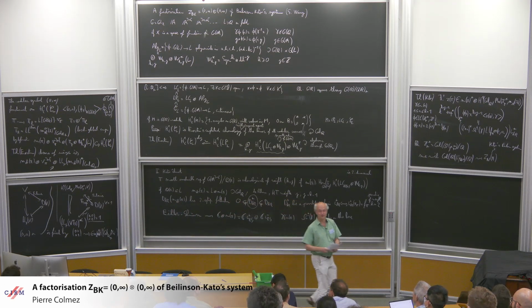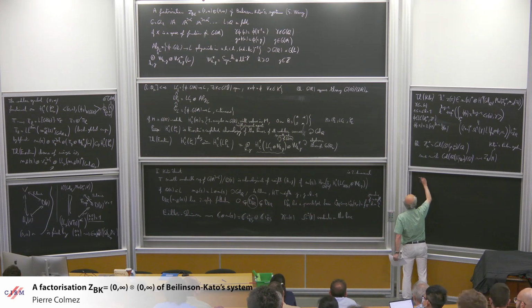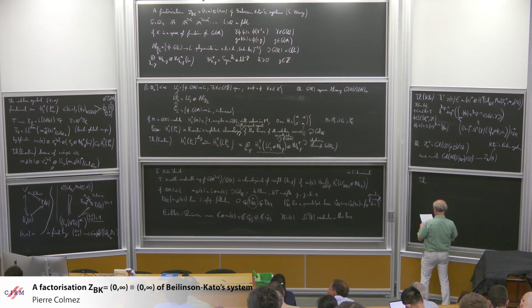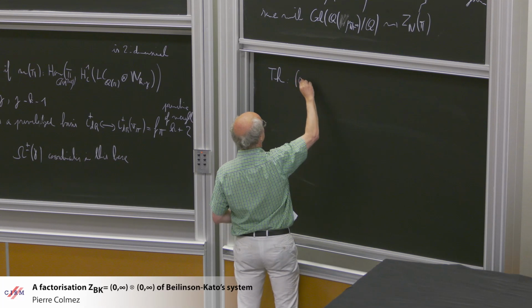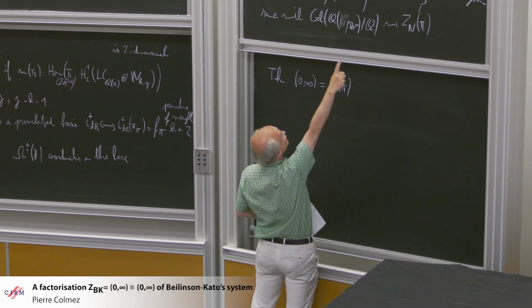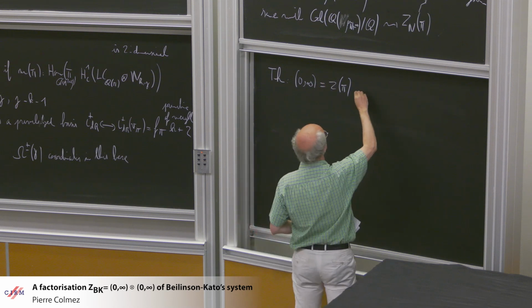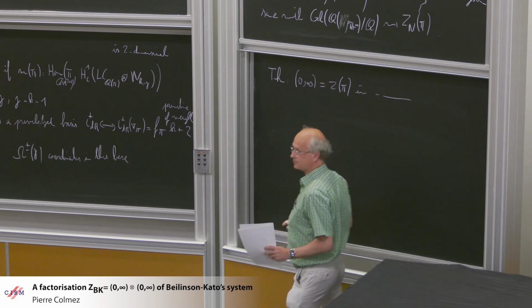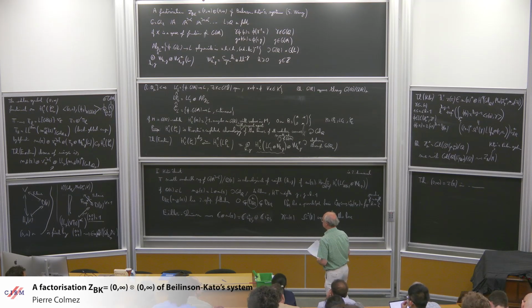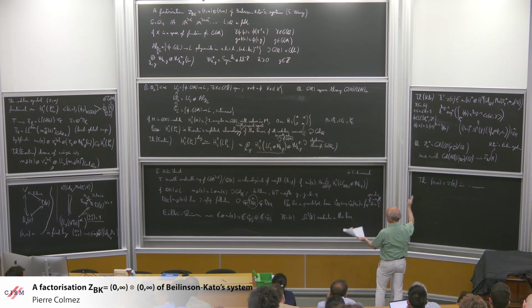And the theorem is the following. As you could say, you have that zero infinity is equal to z of pi in the space which is over there. In the end, you get into the same space.